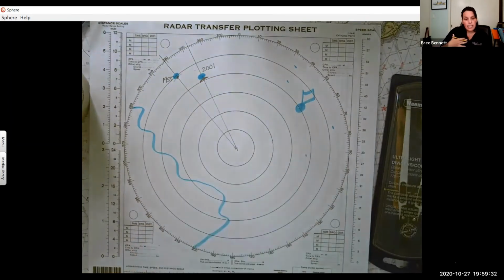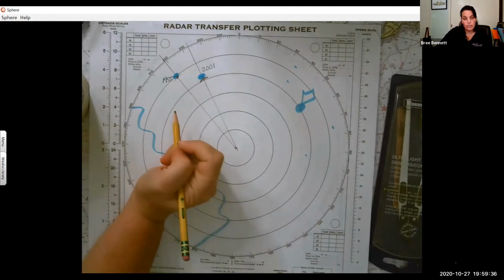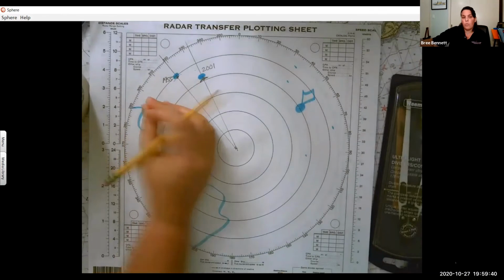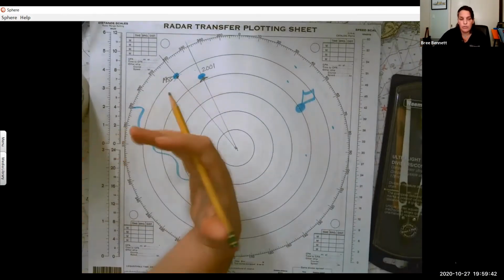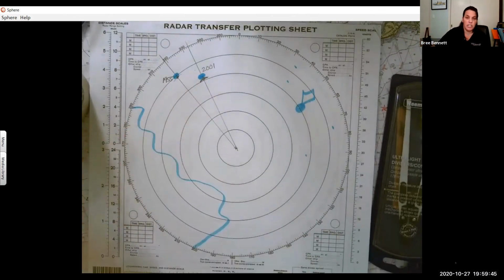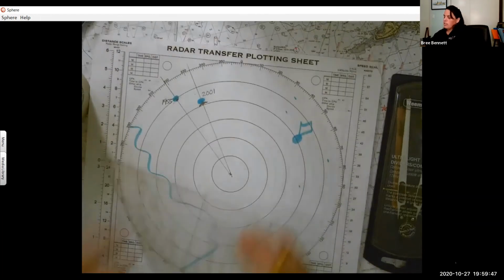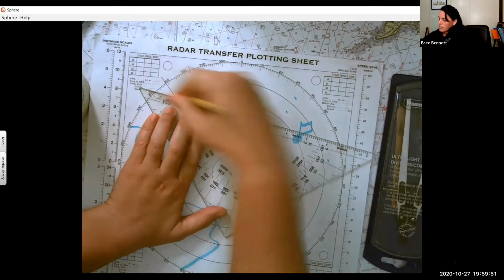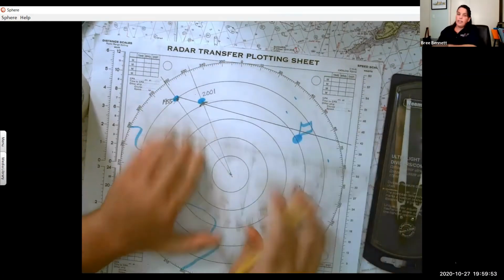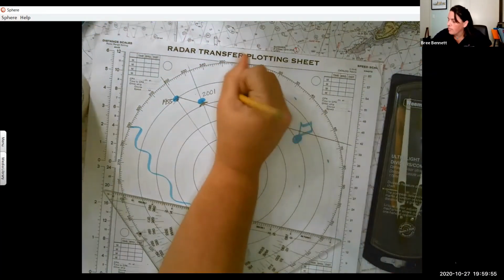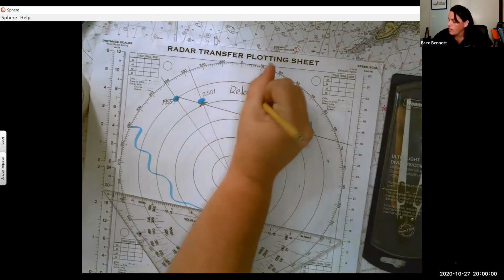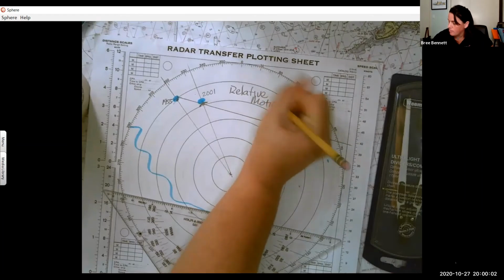Now, if I continue my course and speed, and this ship continues its course and speed, then this vector that we're creating will continue on and on. So if I connect these two dots, this becomes the relative motion line.